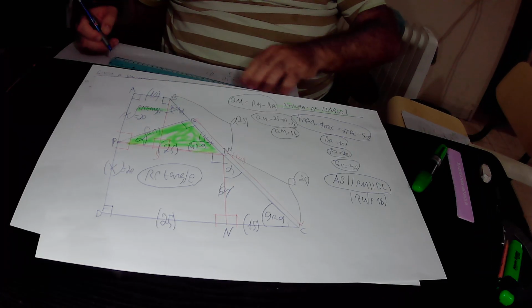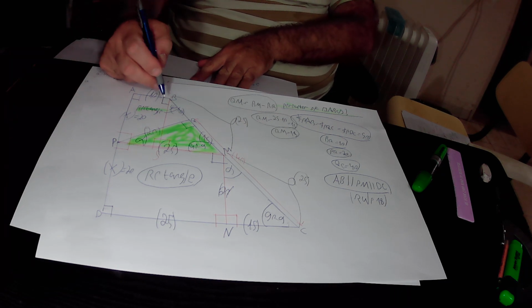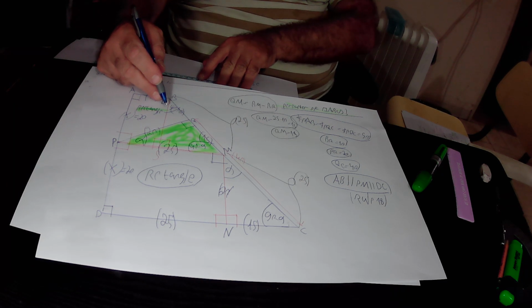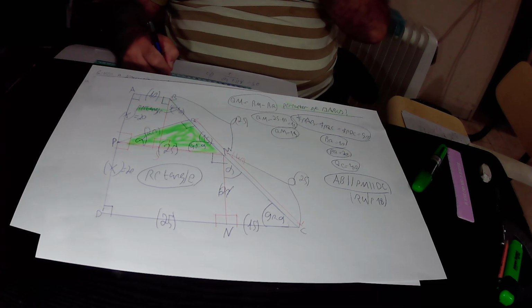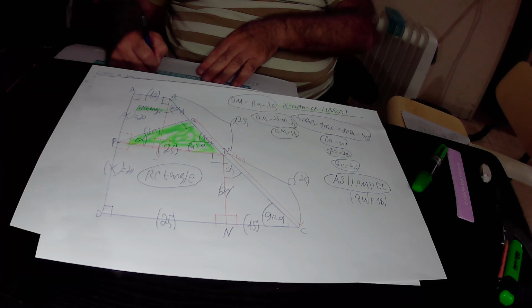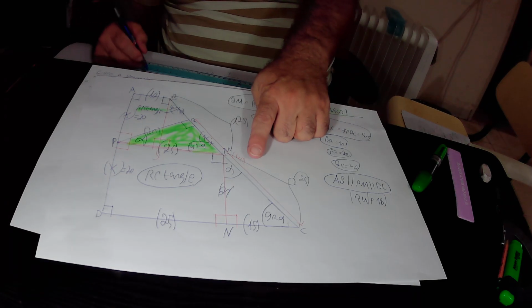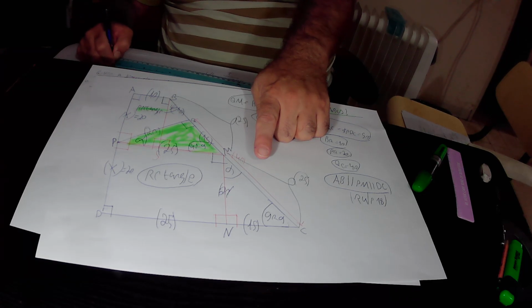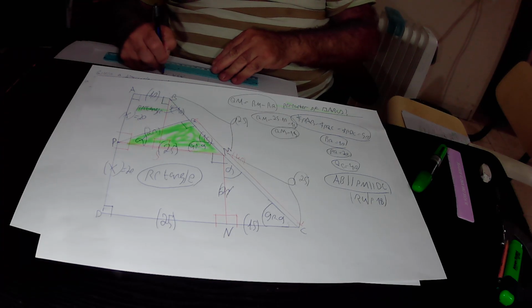So I write it down. We actually proved that the right triangle BSM, the upper right triangle BSM, can go into the lower right triangle MNC according to the angle-side-angle rule.